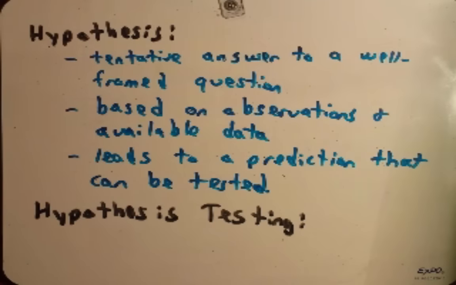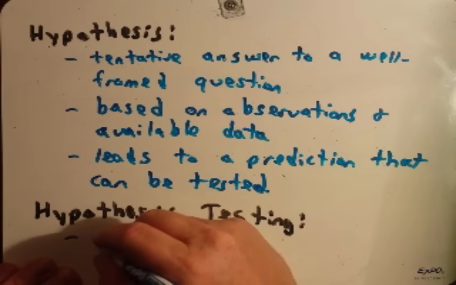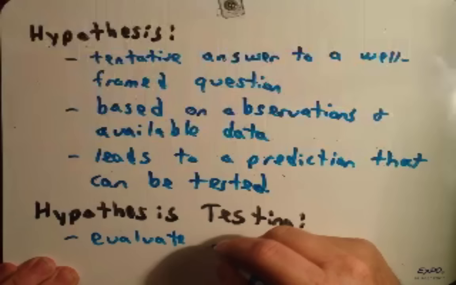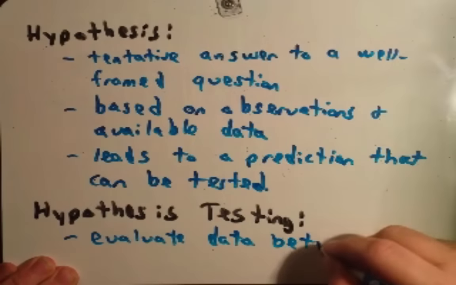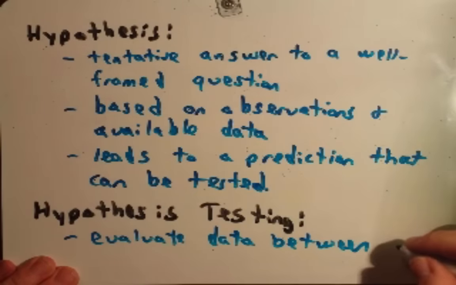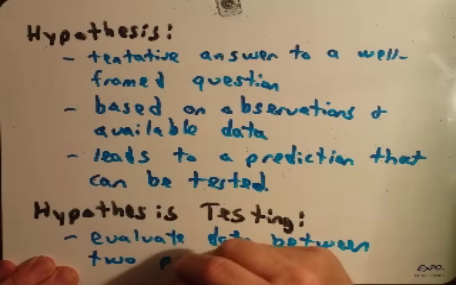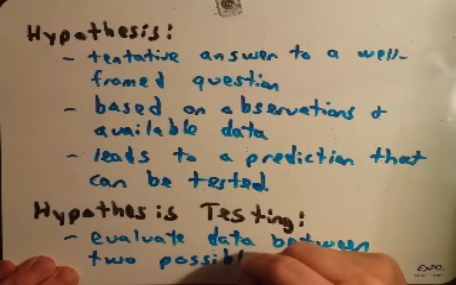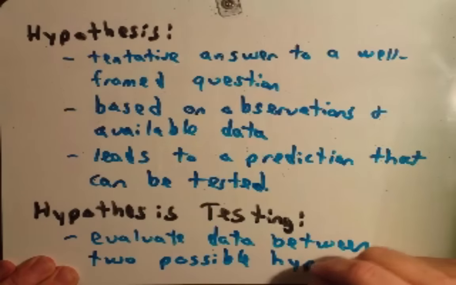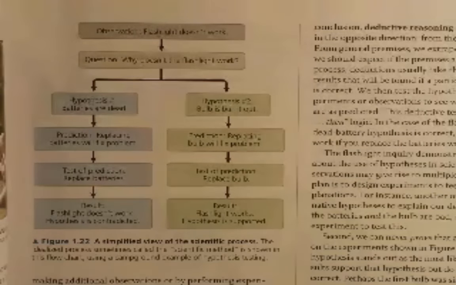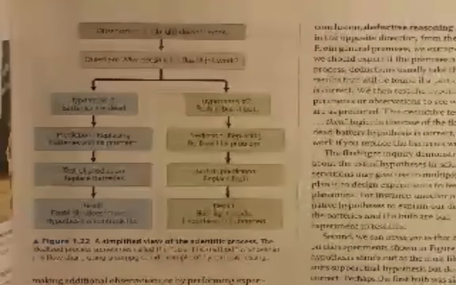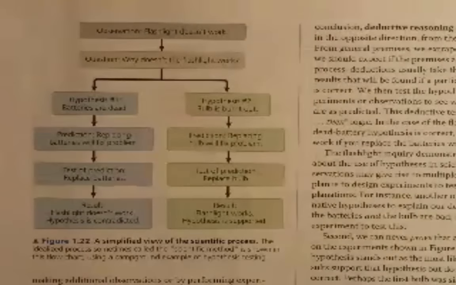We can think of this as just a way that we evaluate data between two possible hypotheses. Your book provides a classic example of how we can think about a hypothesis and how we might test it.